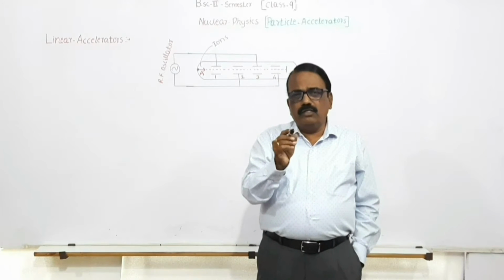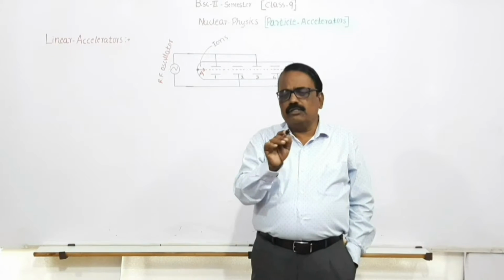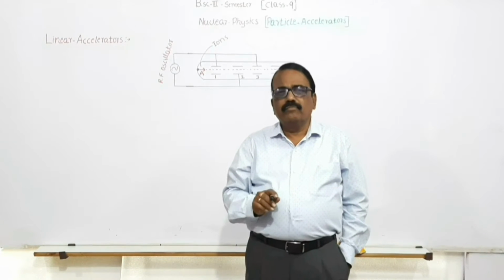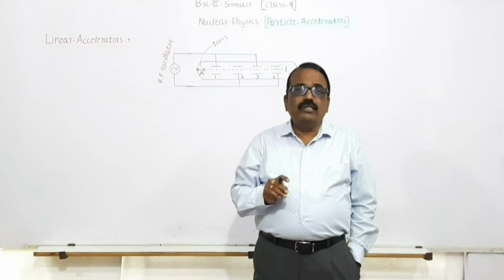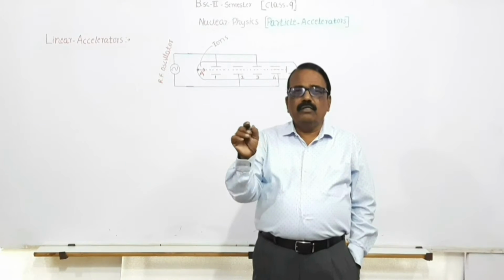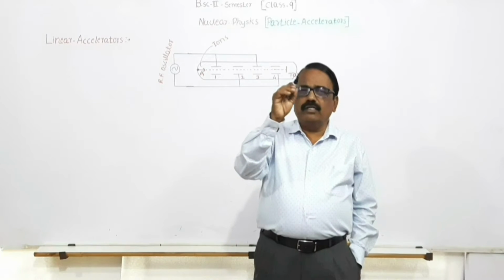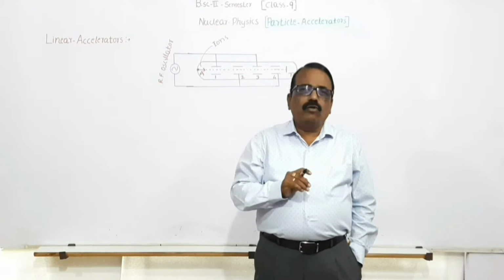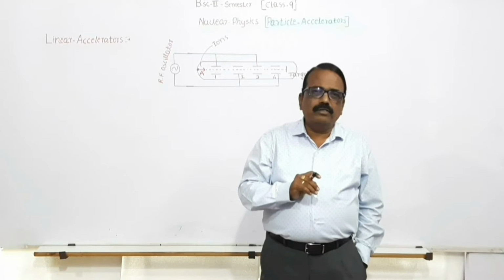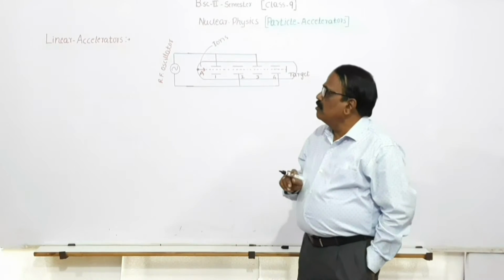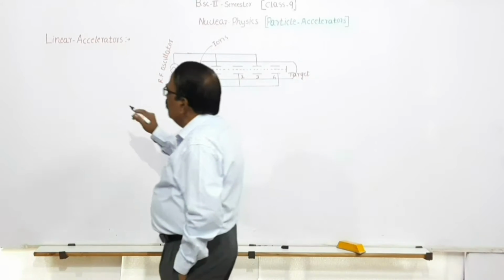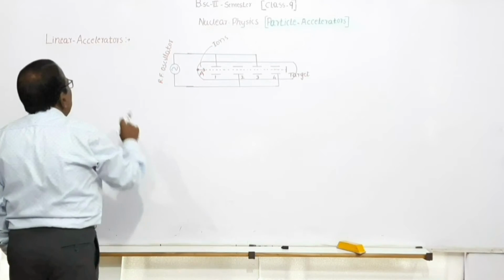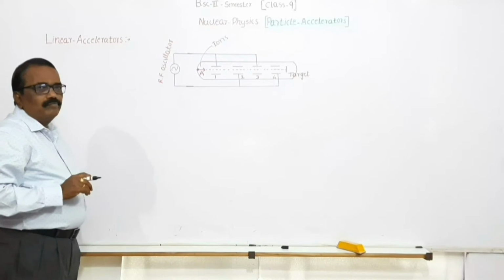If you are increasing the energy of such particles linearly, that is called a linear accelerator. If it is accelerated along the circular path, it is called a cyclic accelerator. Then first let us study what this linear accelerator is.